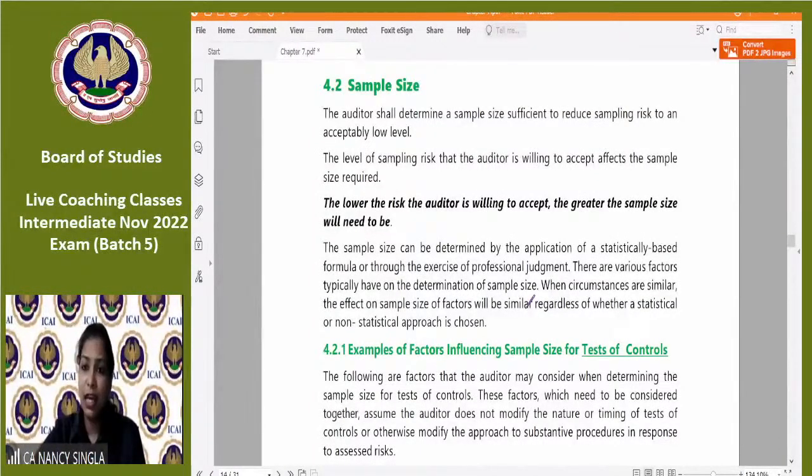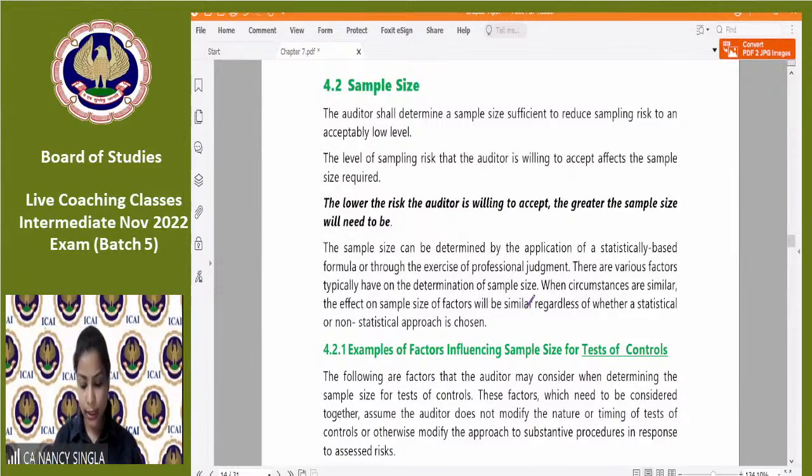Now let me have a look at the queries, and then we'll start with topic 4.2, which is sample size. Okay? So there is a query with respect to stratification and value-weighted selection.